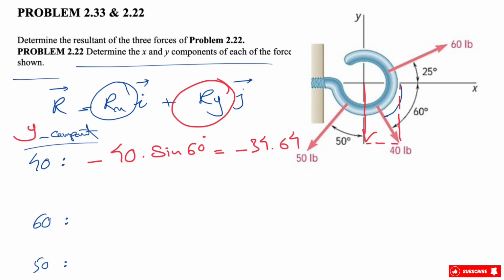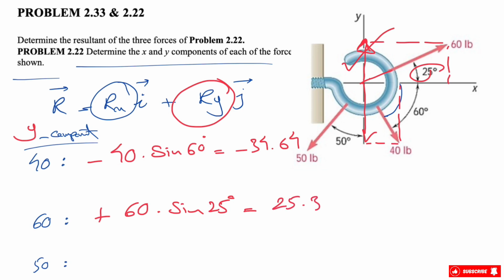And for the 60 pound force, we have this force as our y component. We can see it's positive, and 60 times sine of 25 degrees, since we have the angle with x-axis. And if we calculate this, we'll get 25.36 pounds.